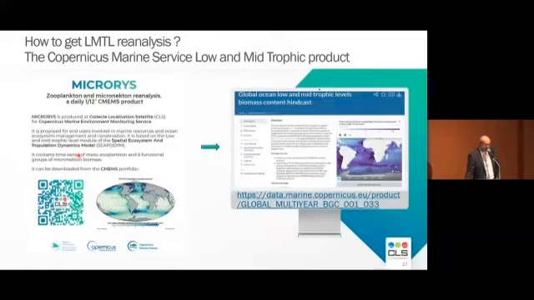So you can get 24, 25 years of daily 1/12 degree global estimates of zooplankton and 6 groups of micronekton in the catalogue.